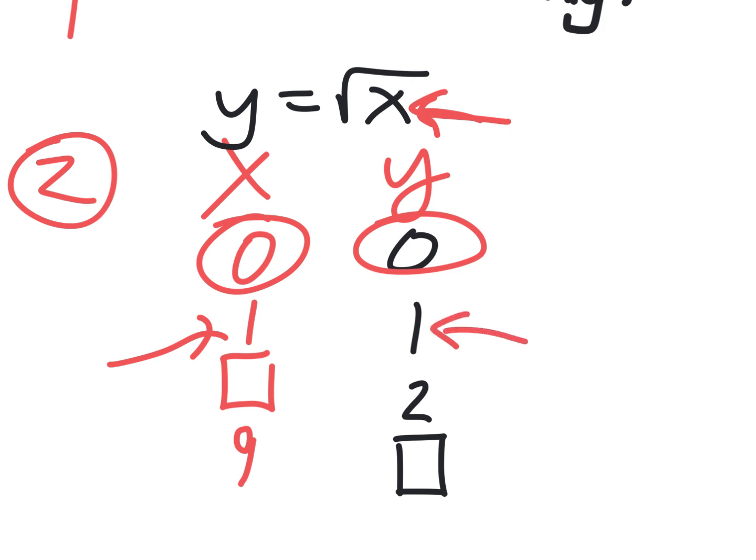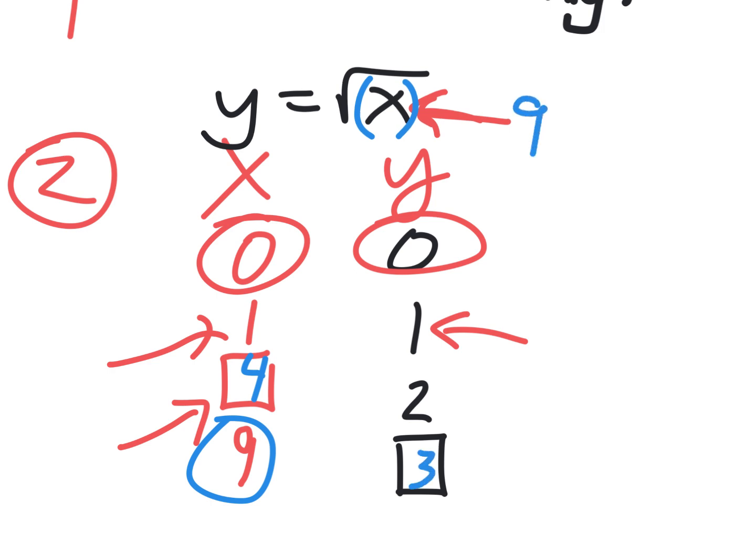Then they change it up by going, what should you put in? So the answer would be 2. So what would you put in right here? 4. Good. And the other way around, if x is 9, 3. Yes. There you go.